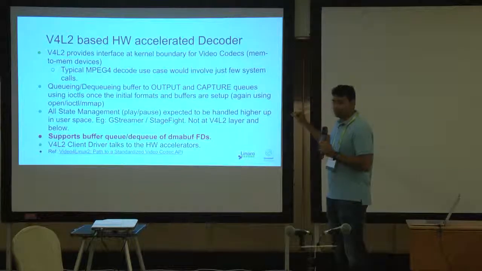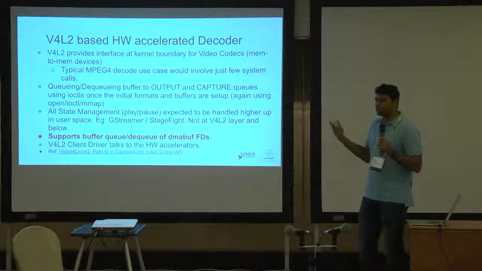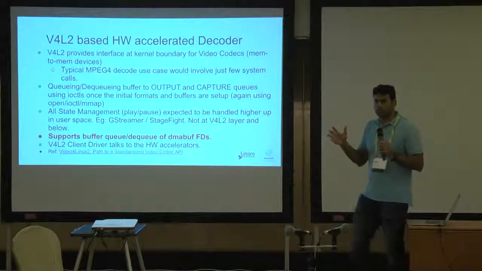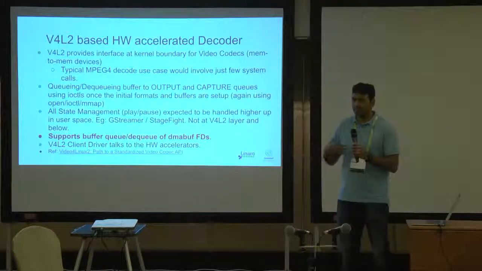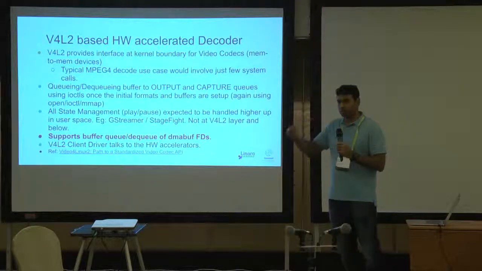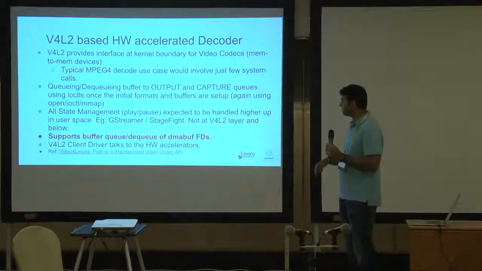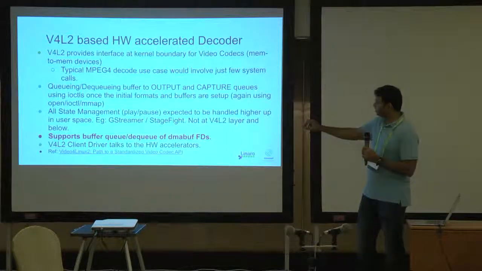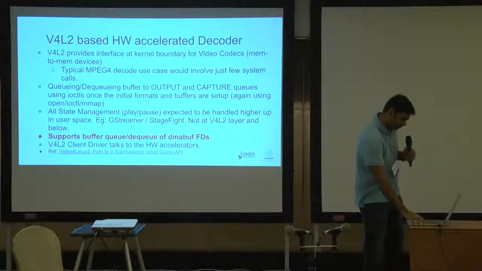And the key thing is the DMA buf file descriptors. V4L2 already supports DMA file descriptors, and in general, that's the direction things seem to be going: exchanging buffers across applications and across kernel boundaries using these DMA file descriptors. And again, a DMA file descriptor is more of a reference to a buffer. It's not a pointer to a memory-mapped buffer. There's a good ELC presentation on V4L2 by one of the Samsung guys. Very good presentation. Highly recommend it.